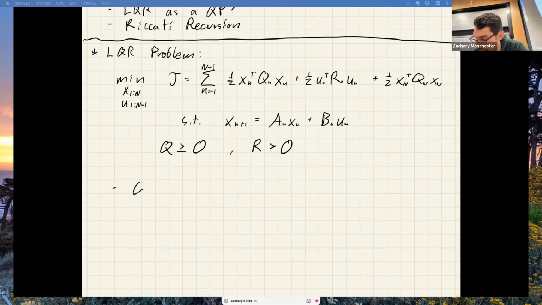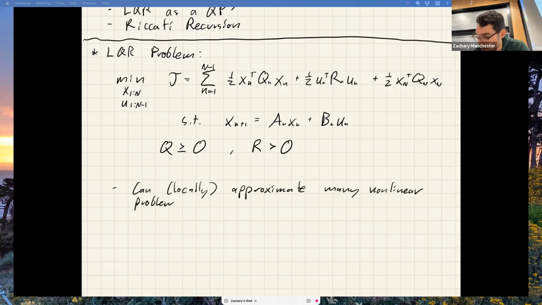And then some notes. This can locally approximate many nonlinear control problems. If I do Newton's method on a nonlinear optimal control problem, where I take a second order Taylor expansion, the Newton step that I solve on a nonlinear program is basically an LQR problem.